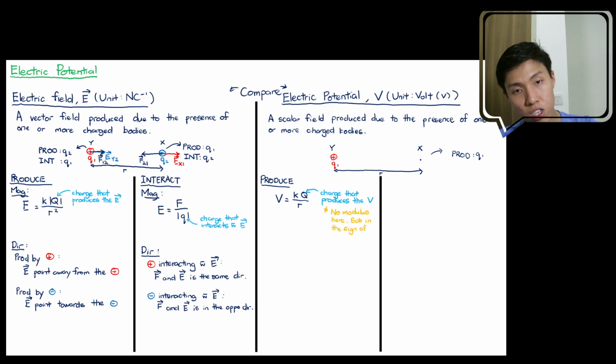The sign of the charge needs to be put into the equation as well. Previously, when we talked about electric field, we took the modulus of all the charges, so we didn't need to put in the sign when substituting. But right now we're talking about electric potential, so we need to substitute in the sign of the charge as well. Okay, so this is the equation.